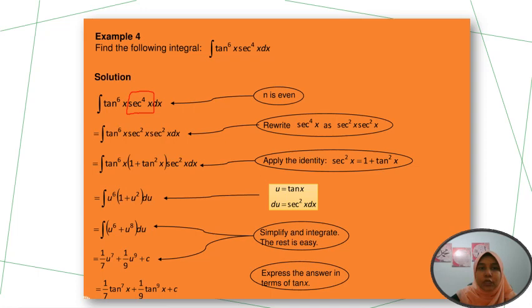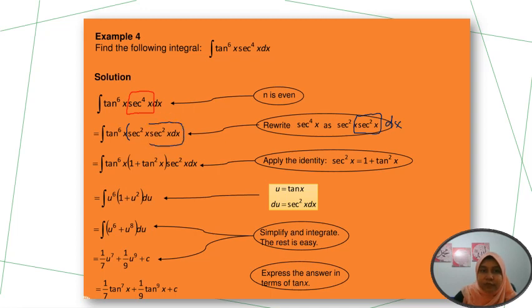So we have to separate this function so that it will have secant square x at the end, secant square x dx. So we have to modify this original function. We get tangent x power of 6 times secant square x times secant square x.